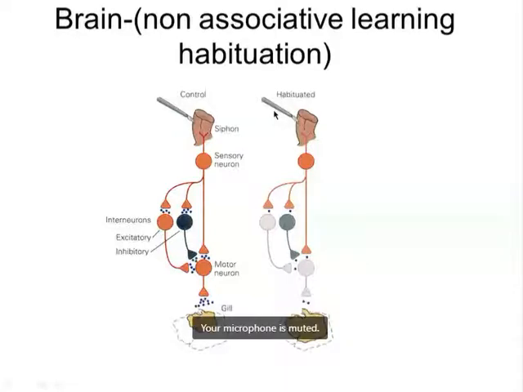Here the same stimulus again and again, but not that response. That means the memory is telling, okay, the experience is not harmful, so ignore it. So it learned to ignore the stimulus. This is non-associative learning because only one type of stimulus is there. Am I clear?